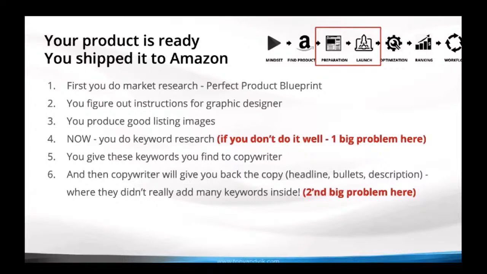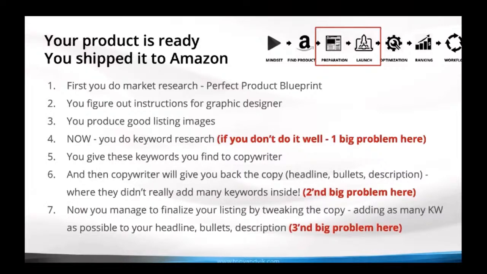Now imagine you finalize the listing copy yourself, tweaking it and adding as many keywords as possible to your headline, bullets, and description. This is the third big problem, because you're stuffing everything and might ruin the whole copy. As sellers, we sometimes forget that the text has to be readable.